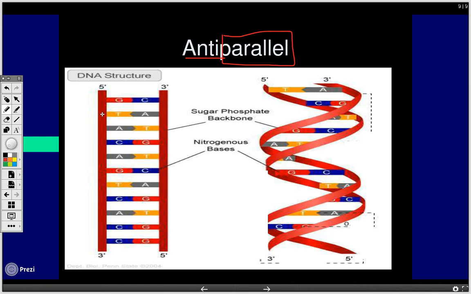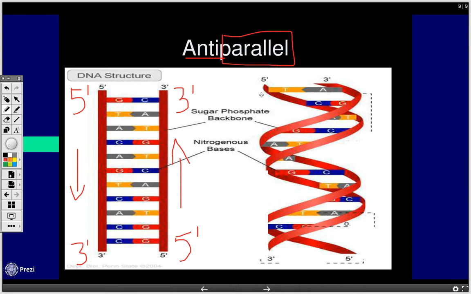The reason that we call this anti-parallel is because one side is running in a 5 prime to a 3 prime direction, and the opposite side of that twisted ladder is running from a 3 prime up here at the top to a 5 prime down here at the bottom. So running in the exact opposite direction. And again, we call that anti-parallel.